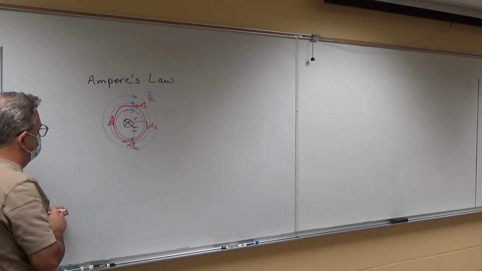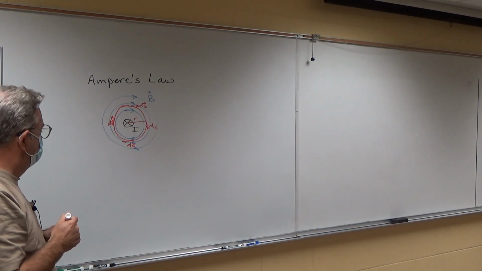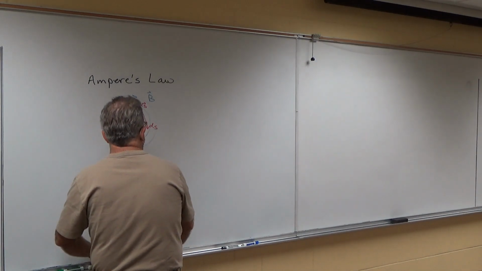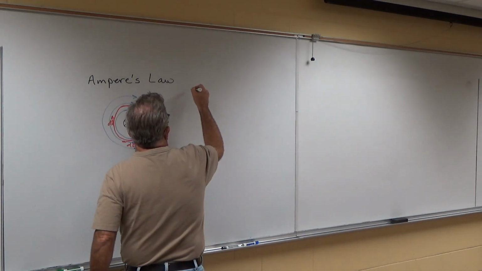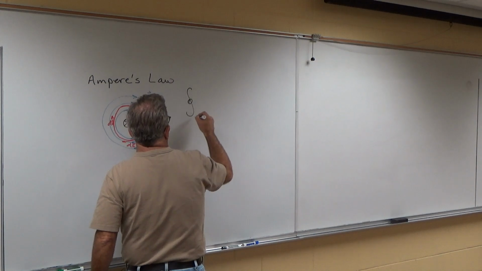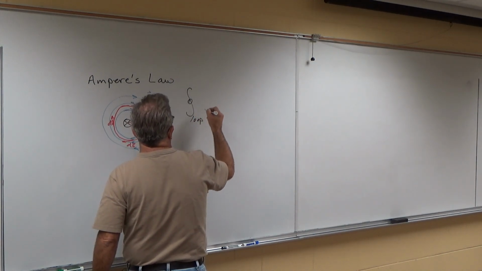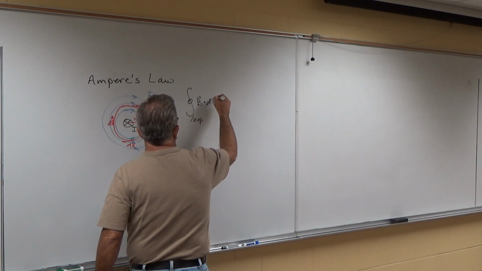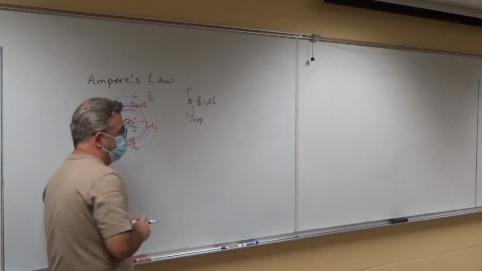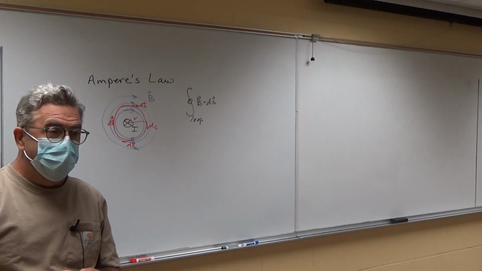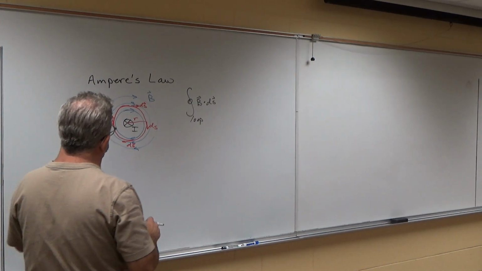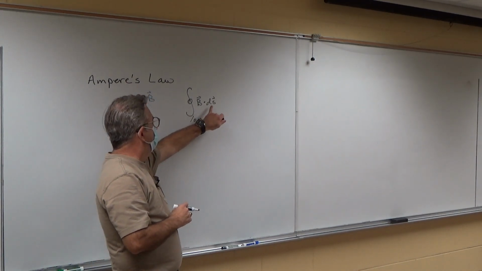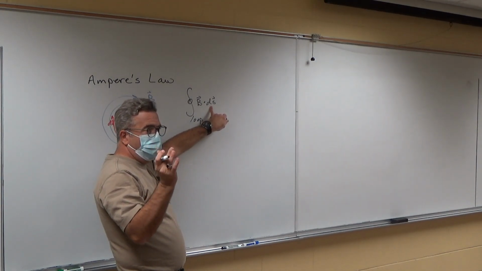Okay? It's a terrible drawing, but take the integral around the closed loop of B dot ds. So marching around the loop, I'm multiplying the field times that little length and adding it all up.